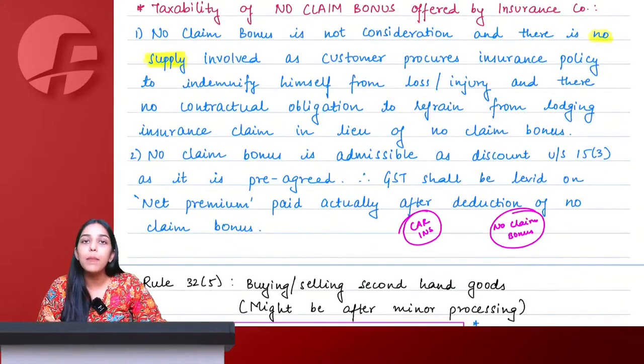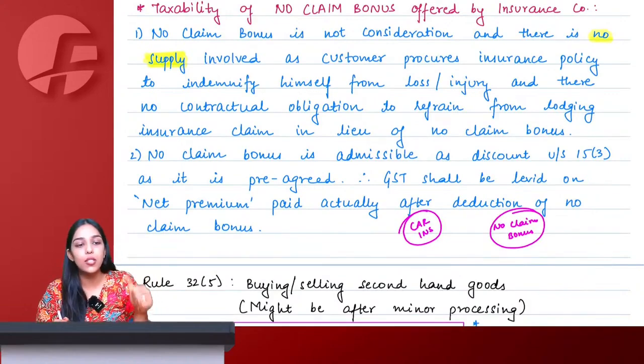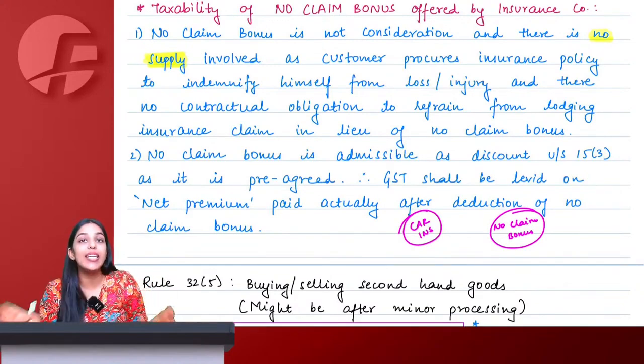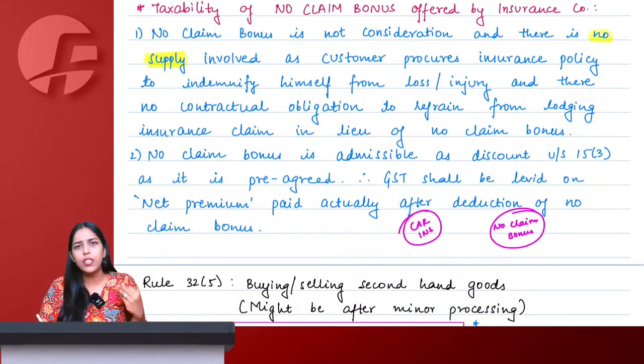So whatever no claim bonus I receive, will that be taxable under GST? The answer is no, because I never entered into a contract saying that I will not lodge any claim, therefore I should receive no claim bonus. No, I did not agree to refrain from lodging a claim. Understand, there are three things: agreeing to, refraining to do something, to tolerate something.